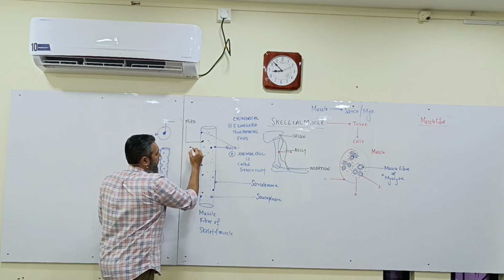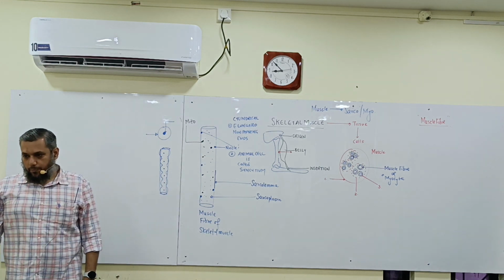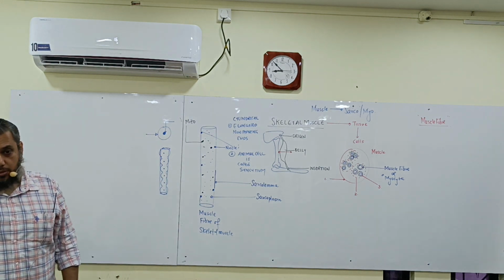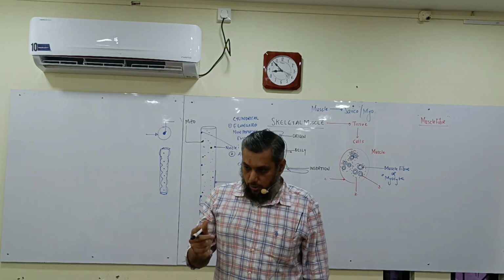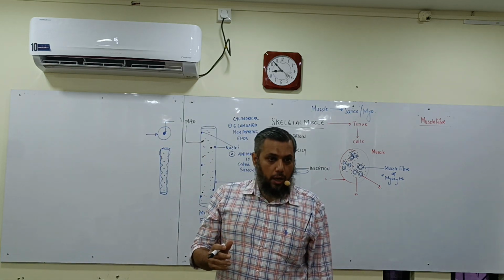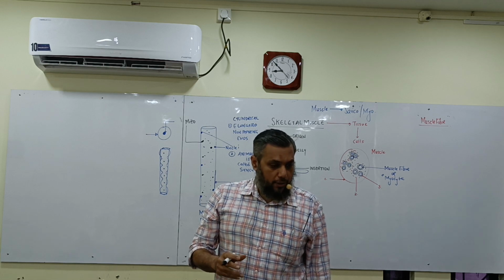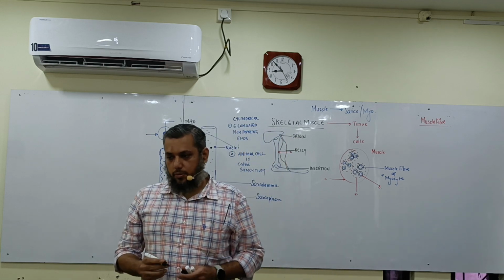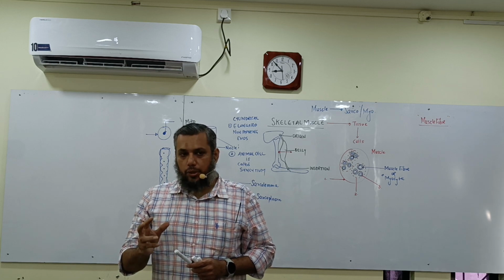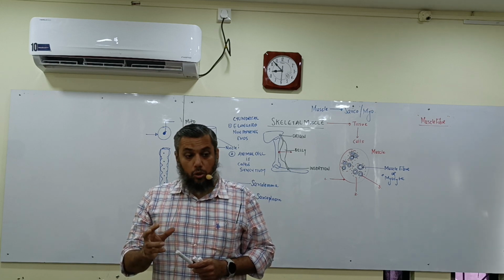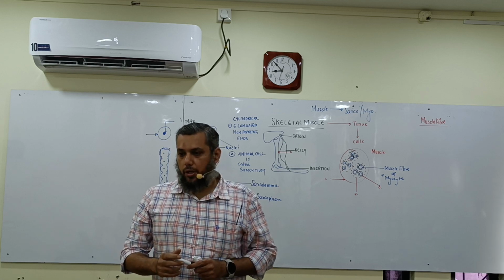Why? Muscle requires it in order for the animal to undergo movement and locomotion. So that is why the muscle will show the presence of a lot of mitochondria.